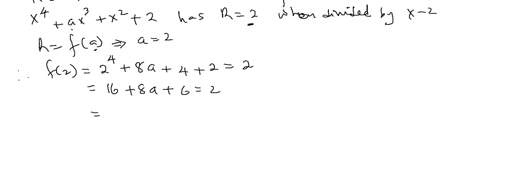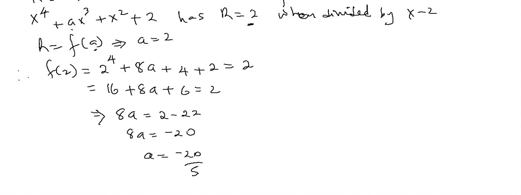This will give us 8a is the same as 2 minus 22, and 8a is the same as negative 20, and therefore a is negative 20 over 8, or negative 5 over 2.